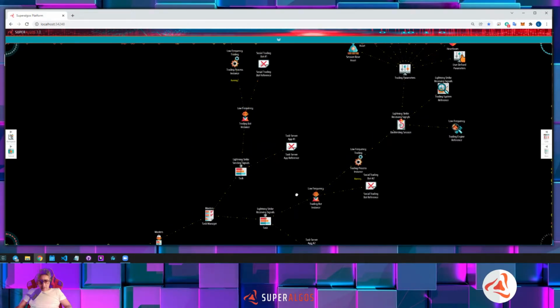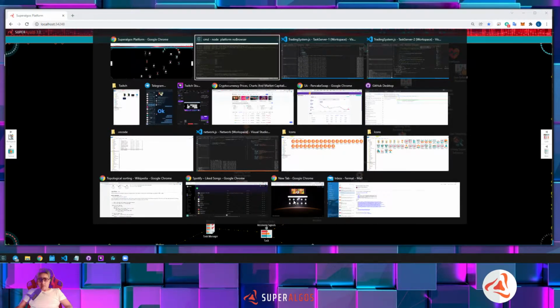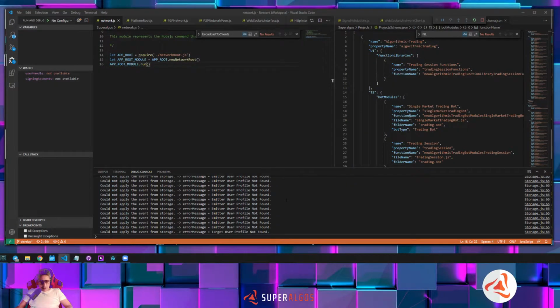I'm going to run the same task. There's also another thing. I had the network node running, but not the second task.